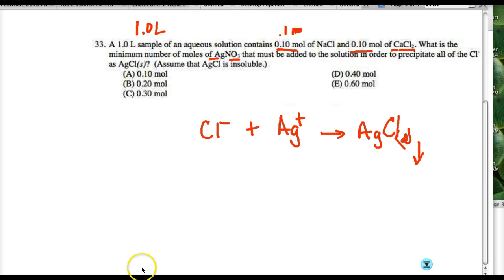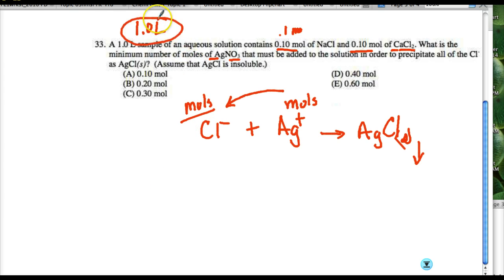Okay, so in order to precipitate, I've got to figure out they want to know the number of moles. They want to know moles of this that are going to be required to react with all of this. So that means I have to know the total number of moles of this, right?